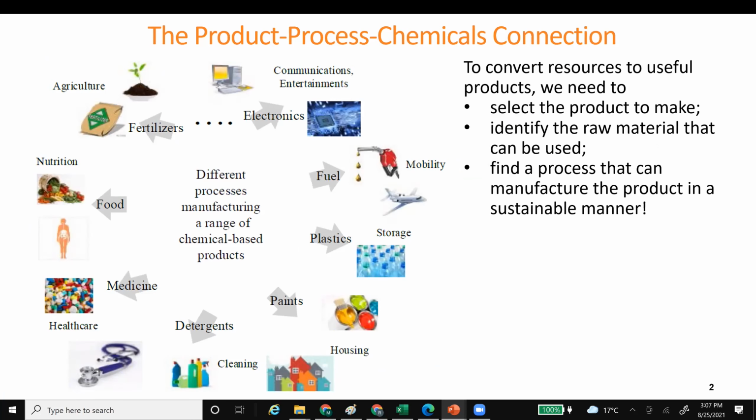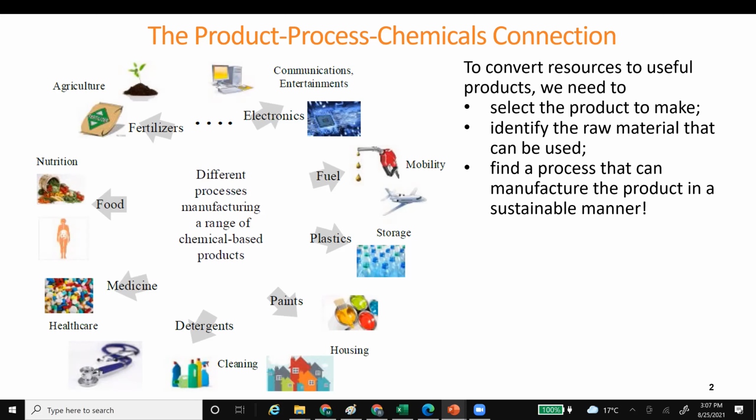So I will start with what I call the product process chemicals connection. What you see in the outer circle on the left is the kind of chemicals-based products we need in our daily life to sustain ourselves on Earth. And in the center are a variety of chemical processes that will manufacture these products that we need.